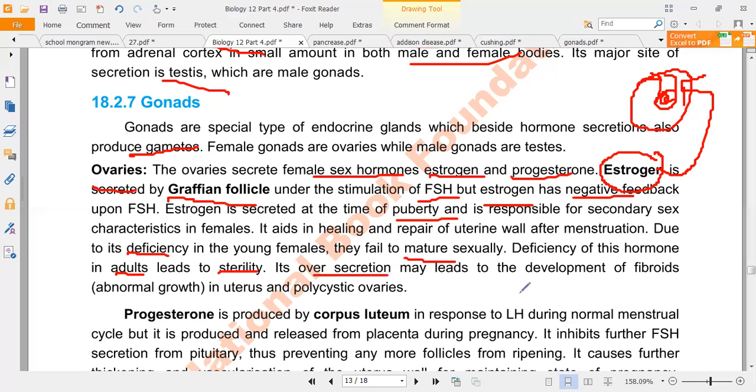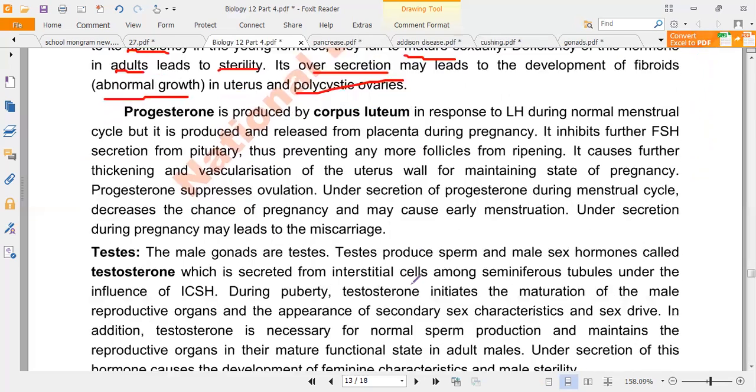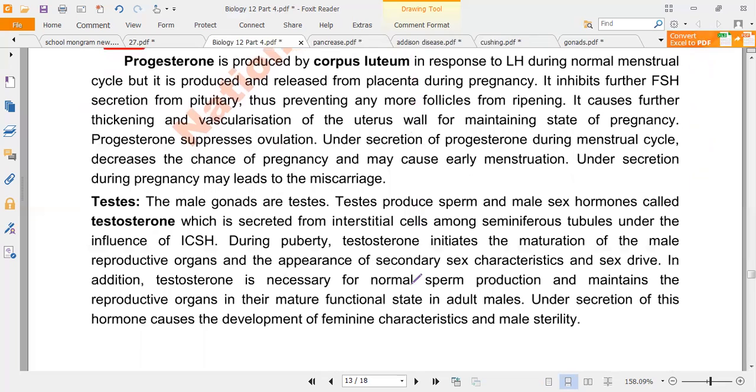Over secretion leads to the development of fibroids, like abnormal growth in the uterus, and polycystic ovaries can occur. We will see the detail in the next chapter, where we will see gonads in detail.